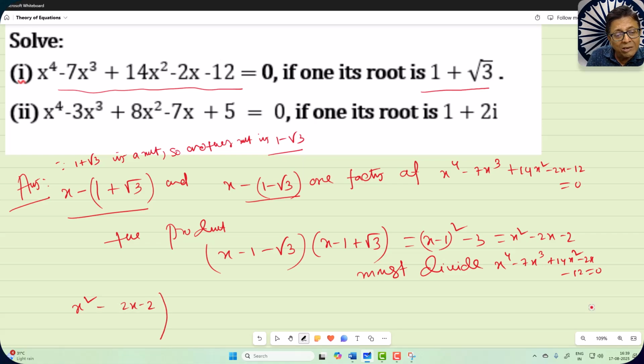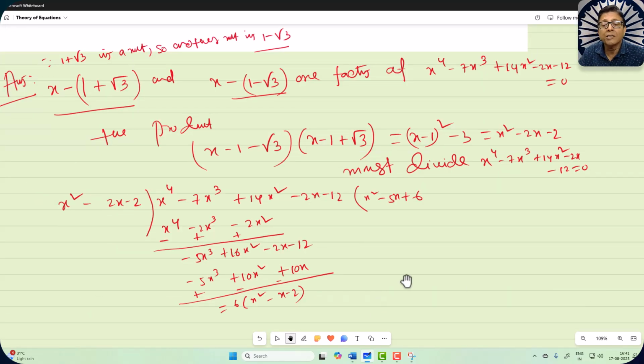I am going by long division, it can be done the way we have done for synthetic division, that I will tell you in another class. Minus 2x minus 12. So by long division, I got the quotient here, x square minus 5x plus 6.